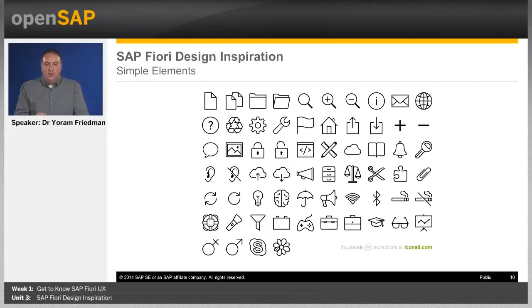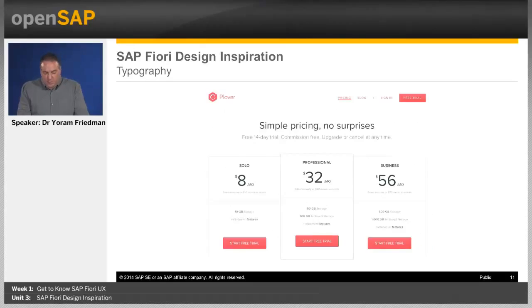This is much easier to use and to create, and makes the design extremely easy and intuitive, so users can still understand what they see, and they don't need to try to understand: do I have a shadow there? What exactly is this object? What is it trying to imitate? So try to use simple elements, and SAP is providing libraries of simple elements, and we'll talk about it in one of the other sessions.